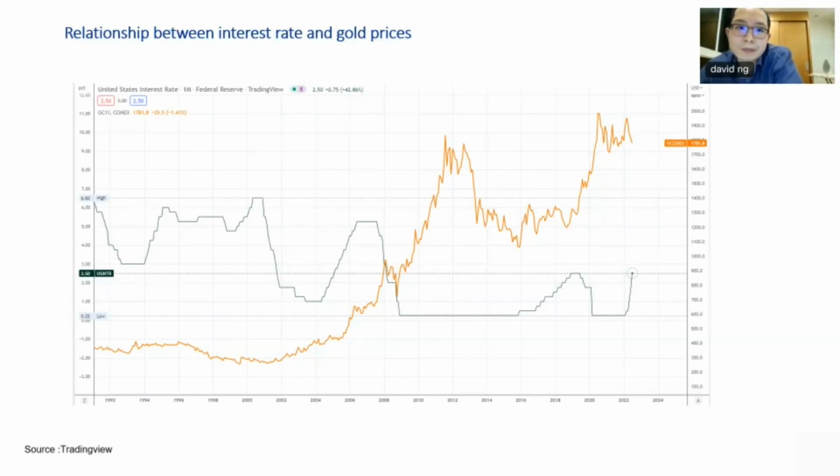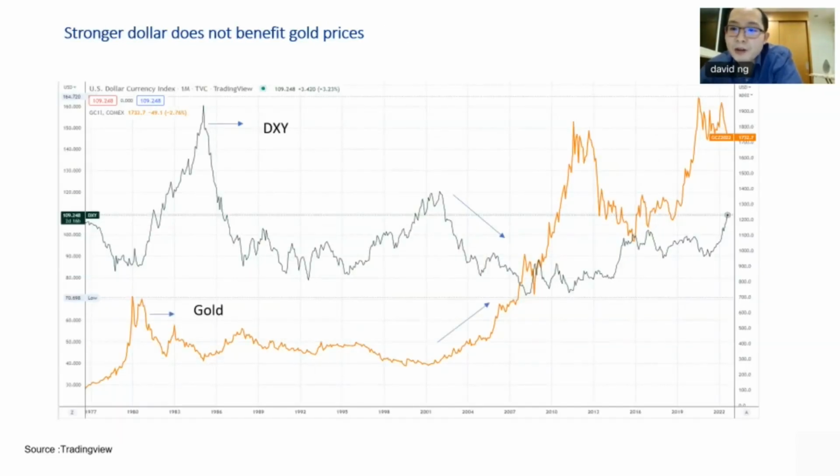Now, in terms of dollar and gold, you can clearly see this relationship here. Every time we have a strong dollar, normally it's bad for gold. Because again, the dollar itself is also serving as an asset instrument. And whenever you have a high interest rate environment and a strong dollar, normally people will not invest in gold.